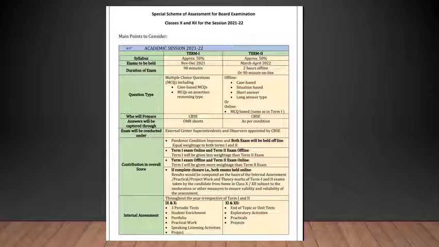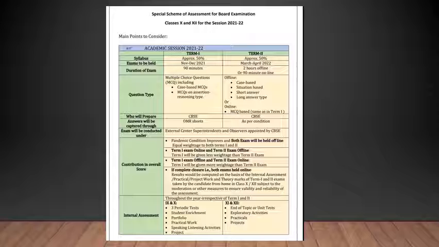Now let us discuss the main points of this special scheme of assessment for board examination. Remember that the syllabus is going to be almost half, approximately 50% in the term 1 examination.